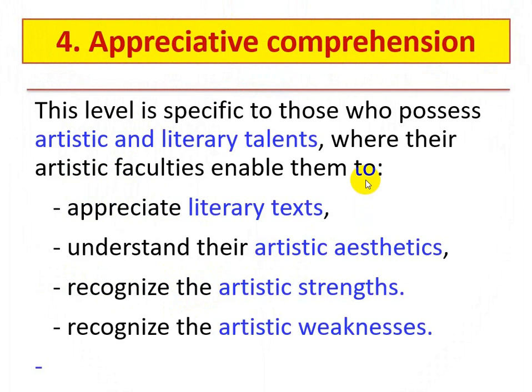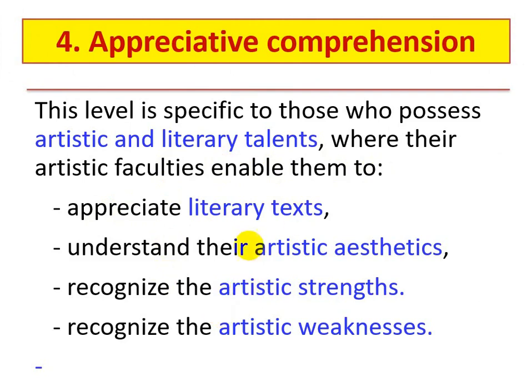The appreciative comprehension is the fourth level of comprehension. And this is, in fact, specific to those who possess artistic and literary talents, where their artistic faculties or abilities usually enable them to do what? To appreciate the literary texts, to understand the artistic aesthetics, to recognize the artistic strengths and the artistic weaknesses.